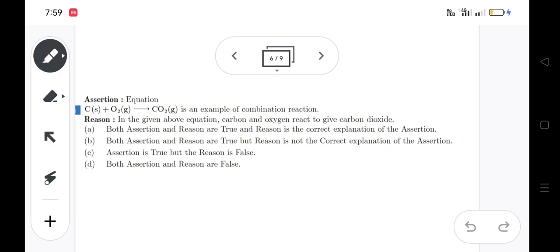In the given equation, carbon and oxygen react to give carbon dioxide. So two reactants, single product. So that explains the reaction. Well, the assertion is true and the reason is also true, and the reason is the correct explanation of the assertion. Clear?